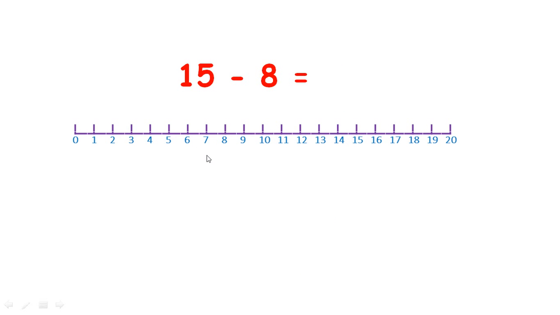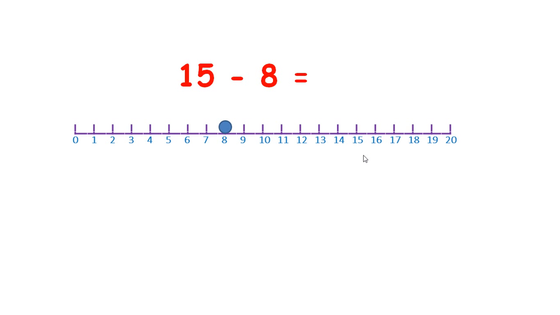So here we have 15 take away 8, and we're going to practice subtracting on a number line by counting forwards. So which number are we going to start with? Well, remember, when we're subtracting by counting forwards on a number line, we start with the smaller number, so that's 8. And which number are we going to stop at?